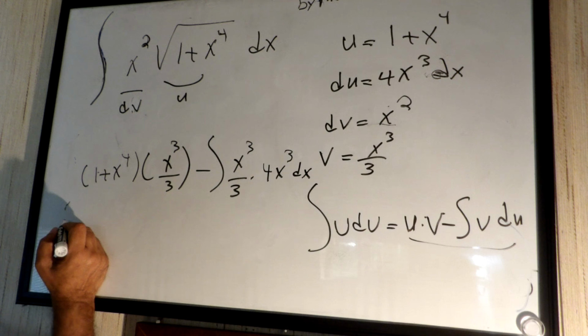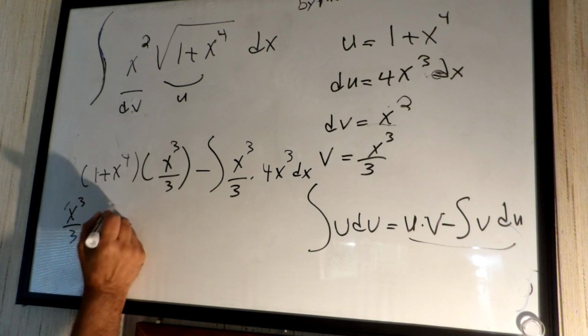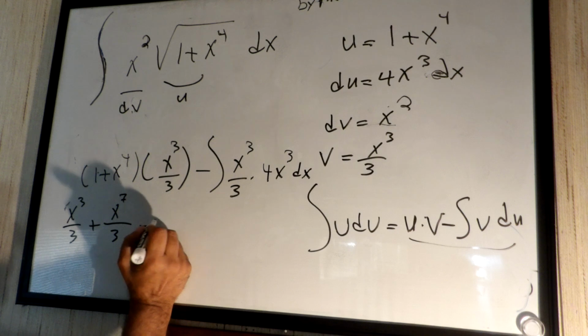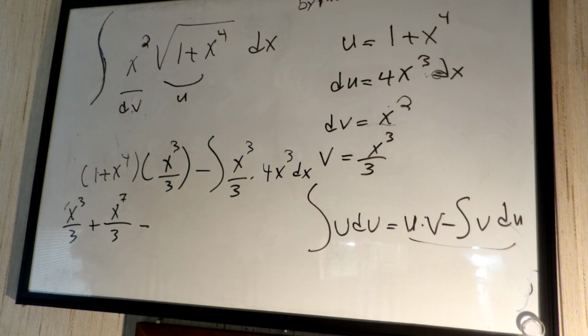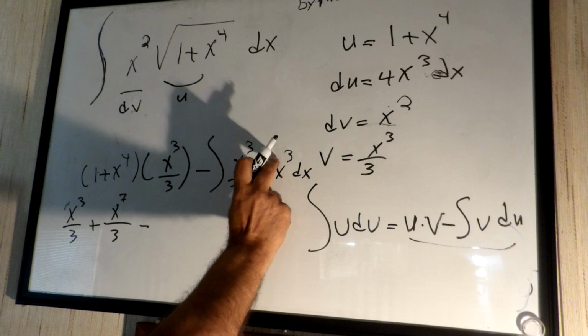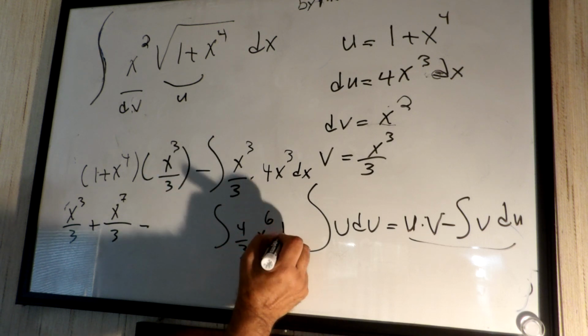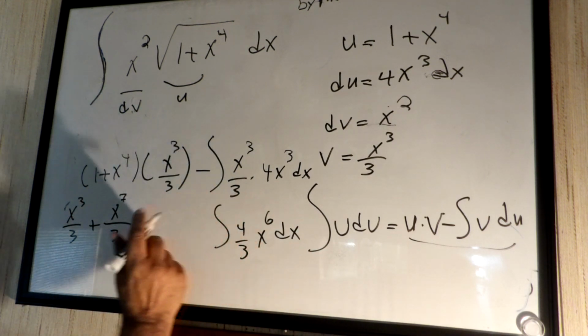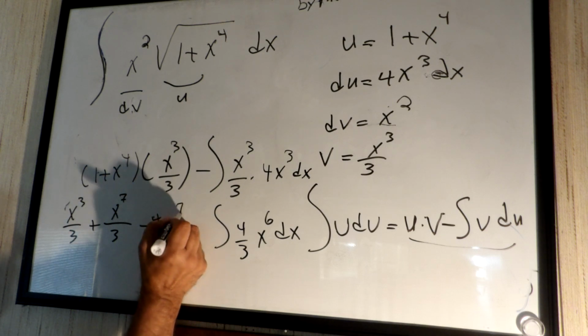Now it's going to be x^3 over 3 plus x^7 over 3 minus the integration of this one times this one, which is 4 over 3 x to the power of 6, so 4 over 3 times x^7 over 7 plus c.